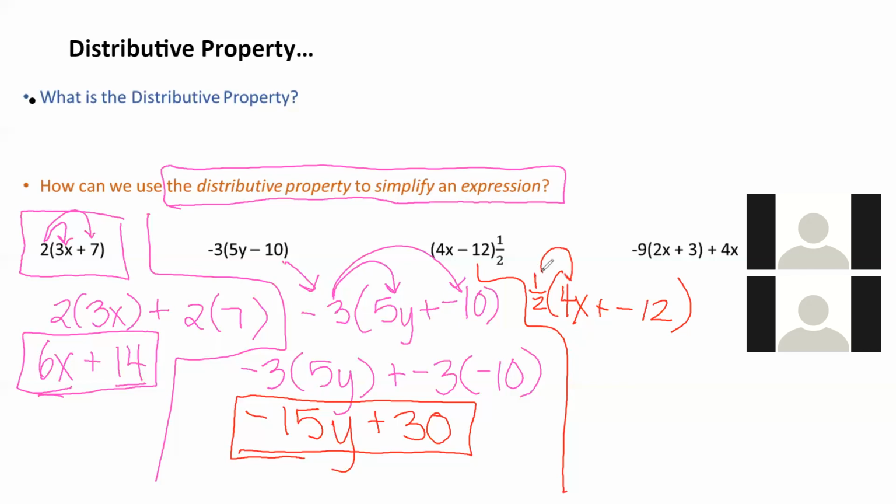Multiplying by half is exactly the same as dividing by 2. So we can multiply that half or divide by 2. So we're going to go 4x divided by 2, and then negative 12 divided by 2. So guys, what's 4x divided by 2? Or what's 4 divided by 2? And then add in that x. Emma says 2x. Do you guys agree with her?